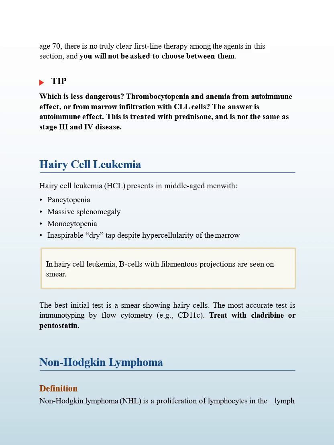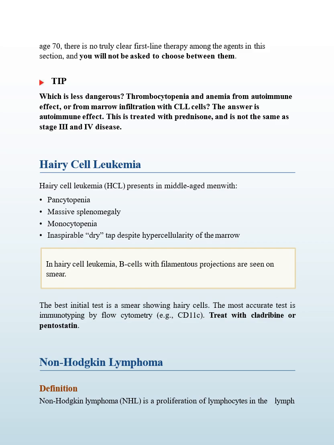On slide 42, there is a clinical tip which asks which is less dangerous: thrombocytopenia and anemia from an autoimmune effect, or marrow infiltration with CLL cells.